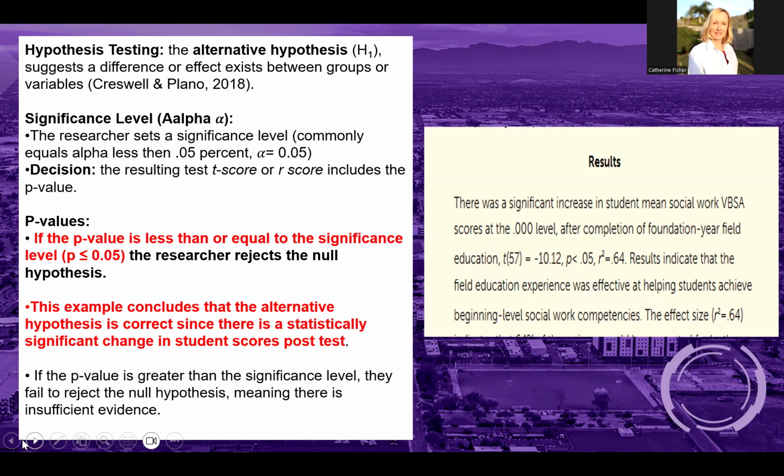You're going to learn more about this in your statistics classes, but I hope this shows you that quantitative research methods, when done well, can really help us understand effective interventions, understand the relationship between different factors.